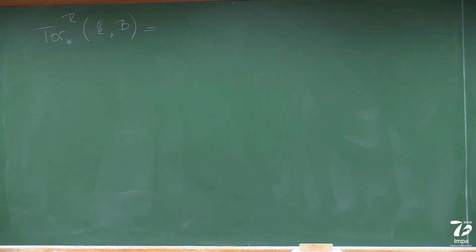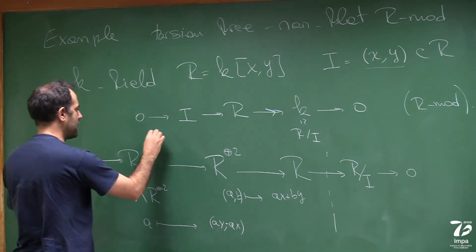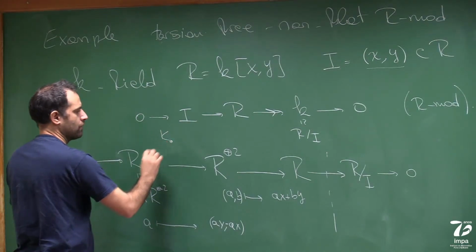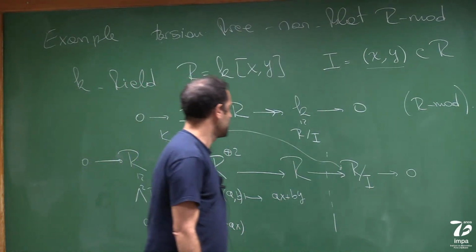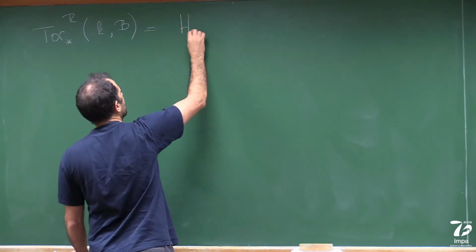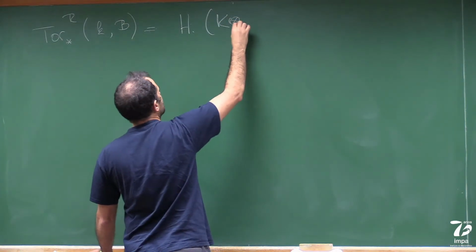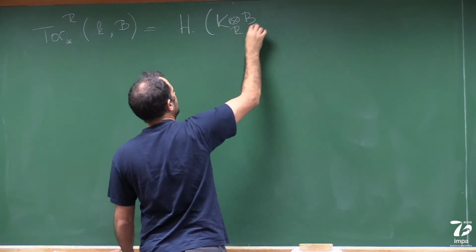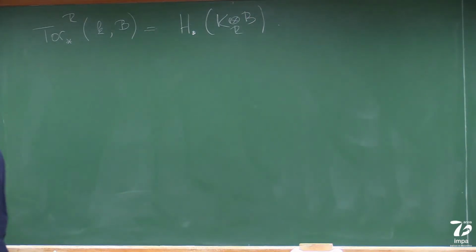Let me call this complex that has three terms K, and it comes with a map to R mod I. So Tor is given by taking the homology of the complex K tensor B over R. That's how we computed the Tor groups.